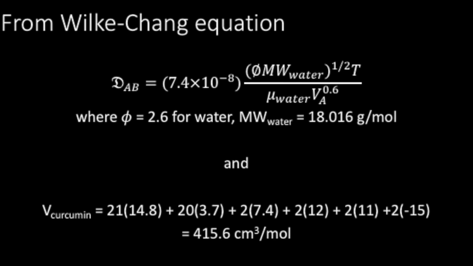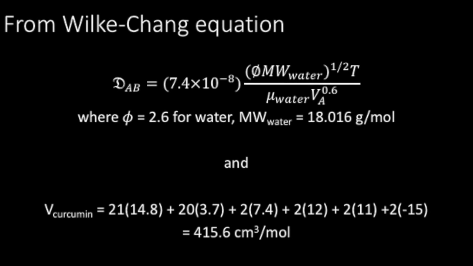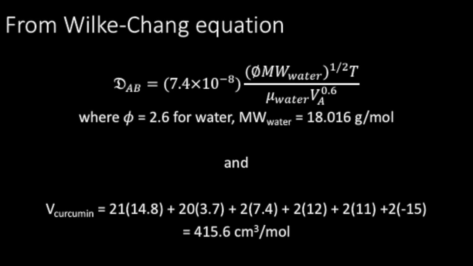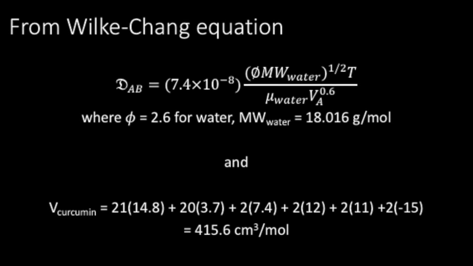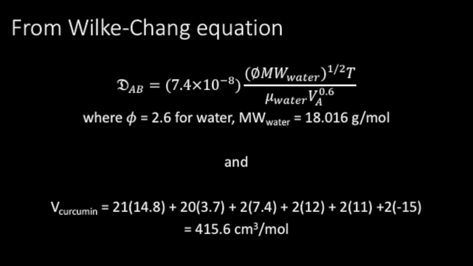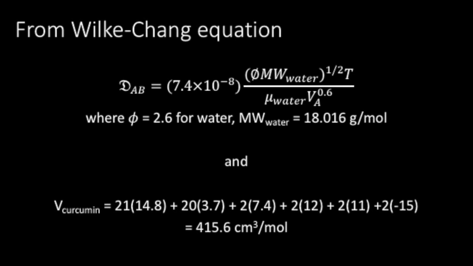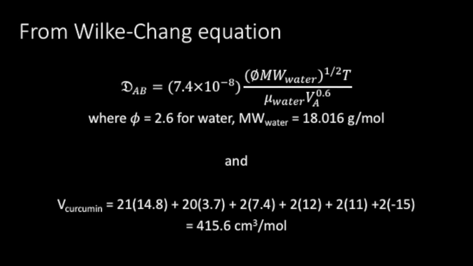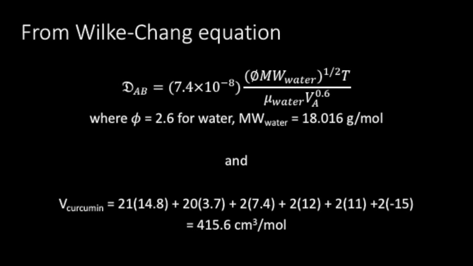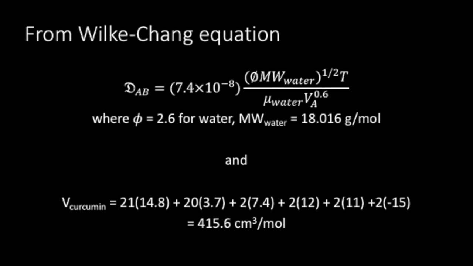From the Wilke-Chang equation, diffusivity is calculated as follows, where phi of water is 2.6, the molecular weight of water is 18.016 grams per mole, and the molar volume of curcumin, which is the main dye component in turmeric tea, at its normal boiling point is calculated to be 415.6 centimeters cubed per mole, from table 2.2.3 in the Bird, Stewart, Lightfoot textbook.